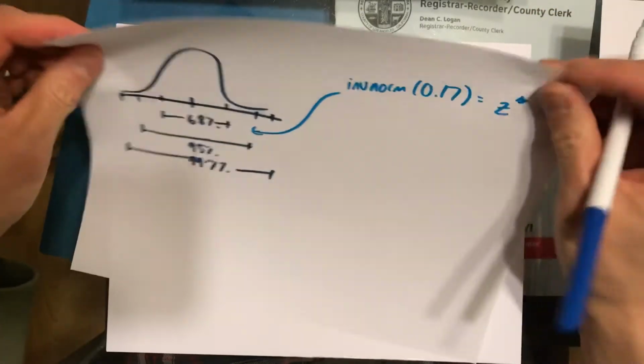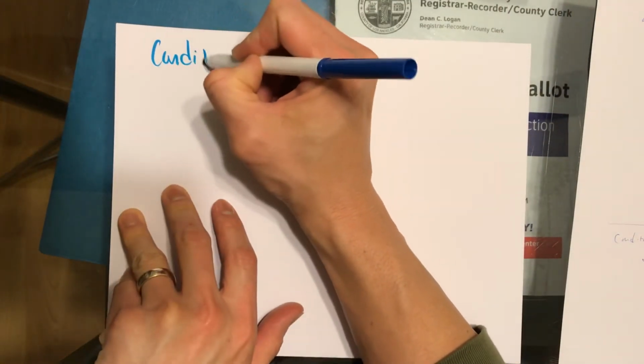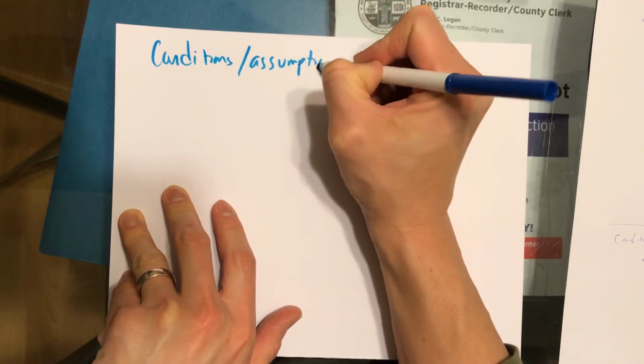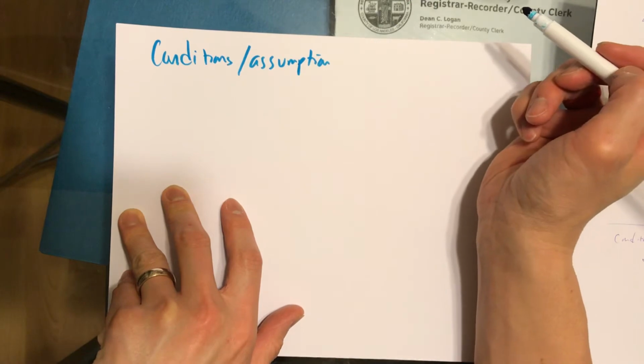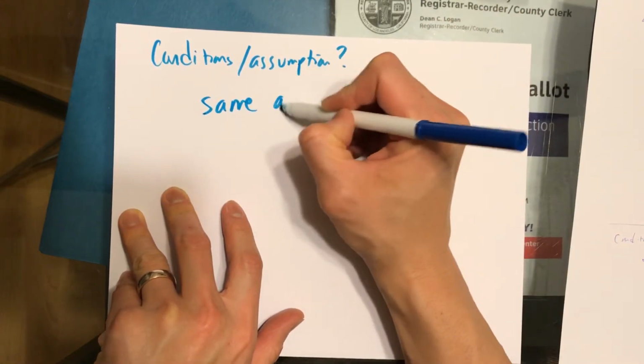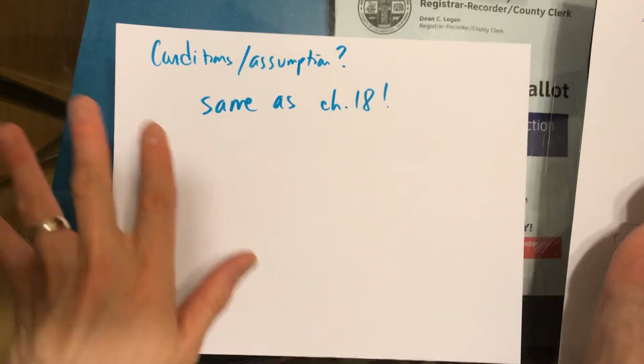All right. Some of you may be wondering about conditions and assumptions. This is the same as chapter 18. So for confidence intervals, nothing changed.